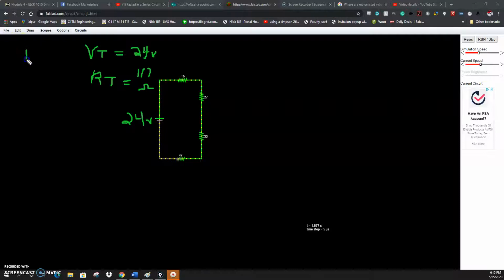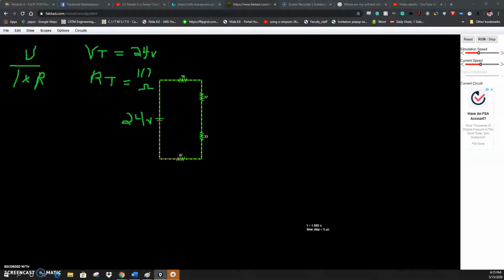So again, I equals V over R. Whoops, that didn't work out too well. So let's fix that. Doing it with this mouse is a little more difficult. So we've got our V and R, so we're covering up I, so we just simply divide 24 by 117.